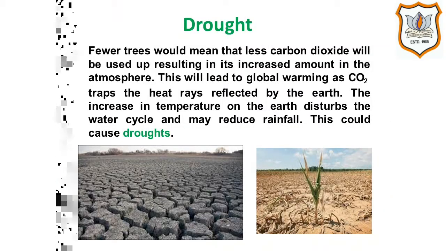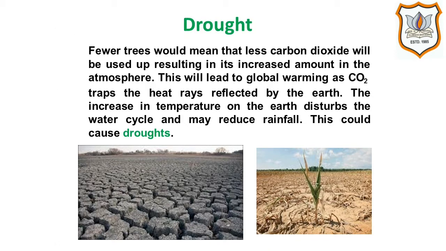Students, I want to explain to you terms like drought and desertification. Now what is drought? Drought means सूखा पड़ना. Fewer trees would mean that less carbon dioxide will be used up, resulting in its decreased amount in the atmosphere.